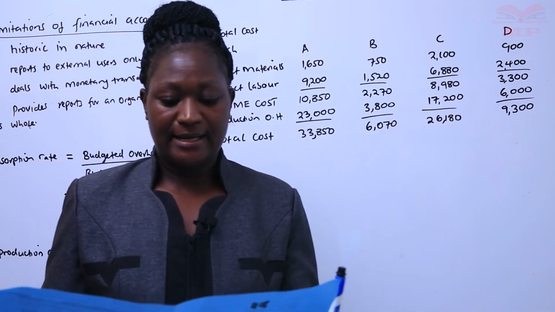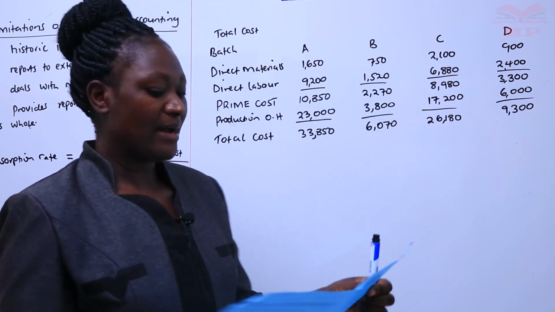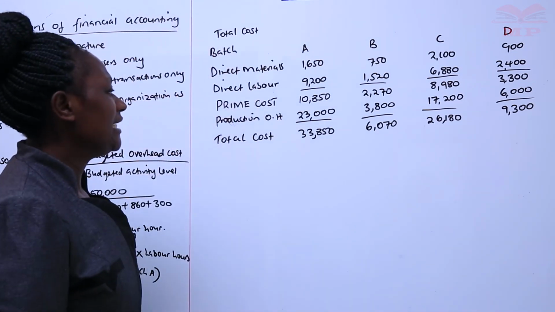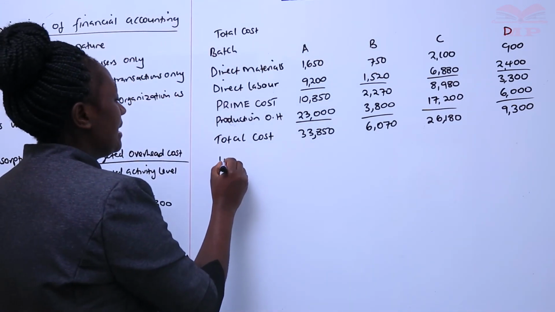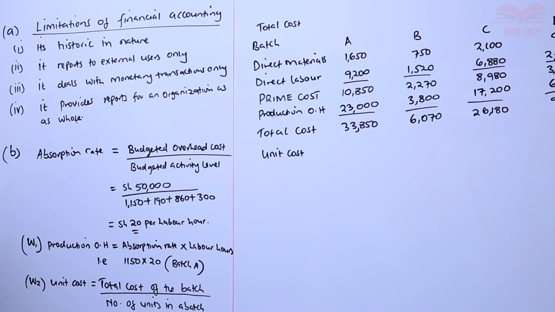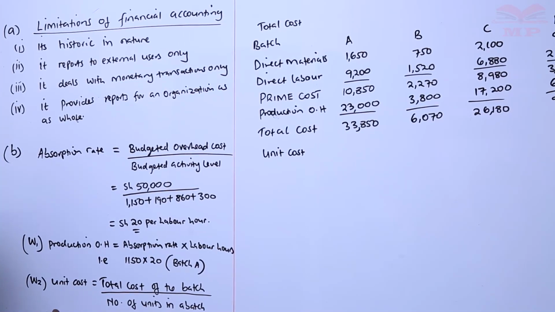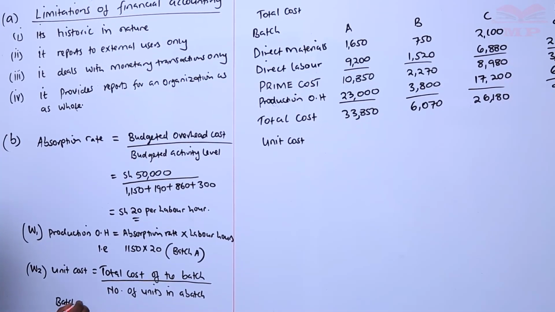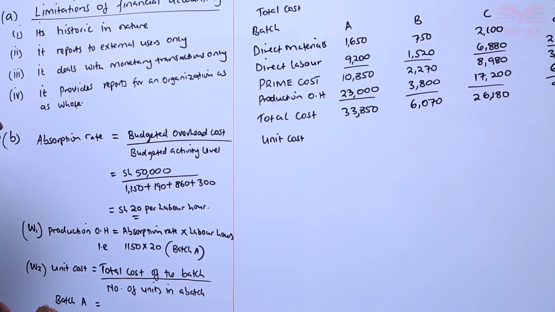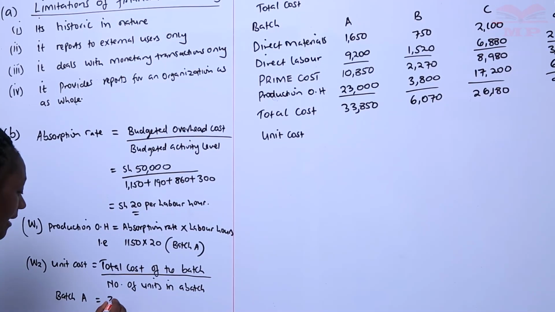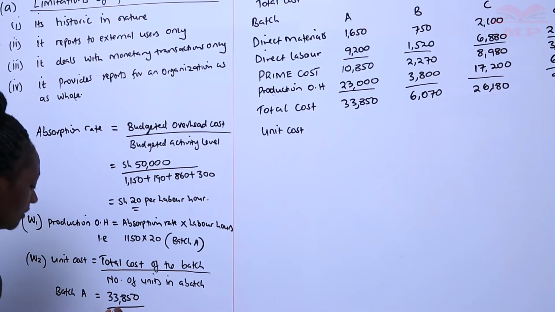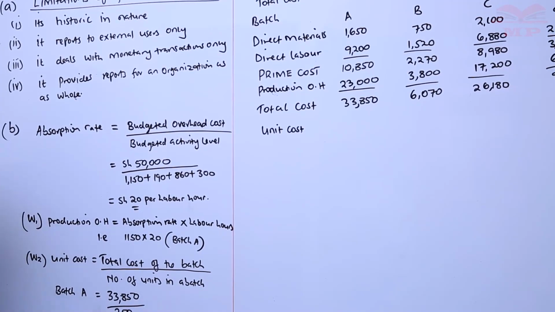So the question required us to do the batch cost, which is already done, and then the unit cost. From here, we calculate the unit cost. We calculate for batch A. Batch A will be equal to the total cost, which is 33,850 divided by 250 units.